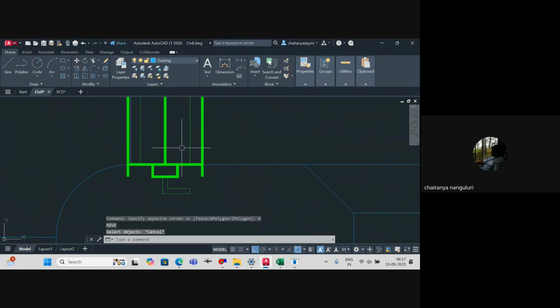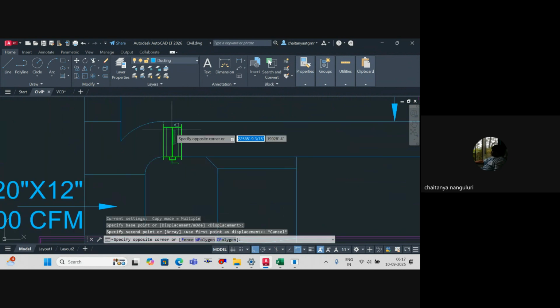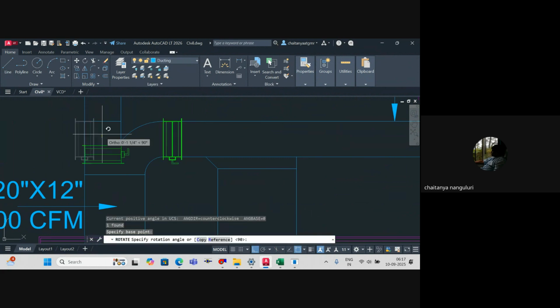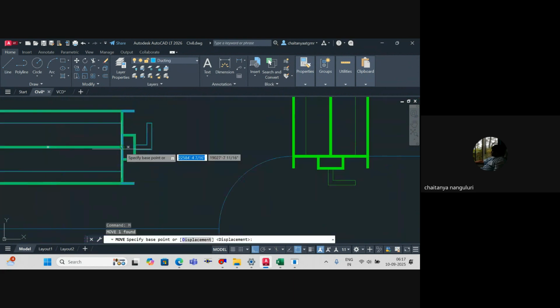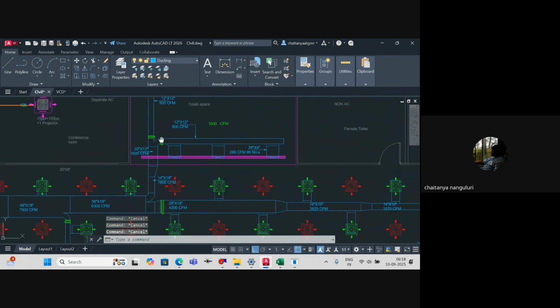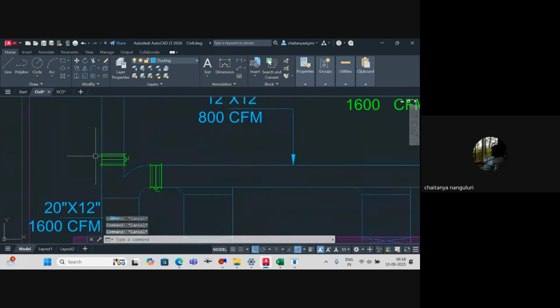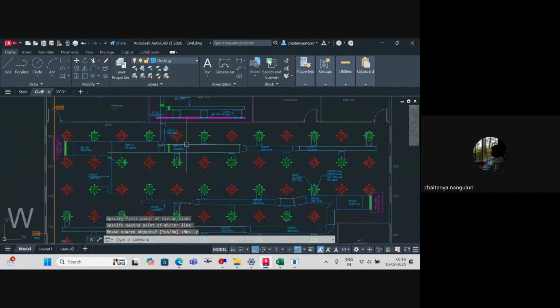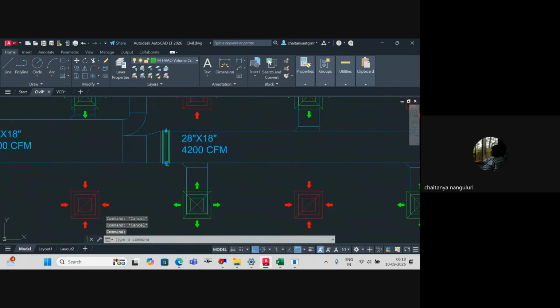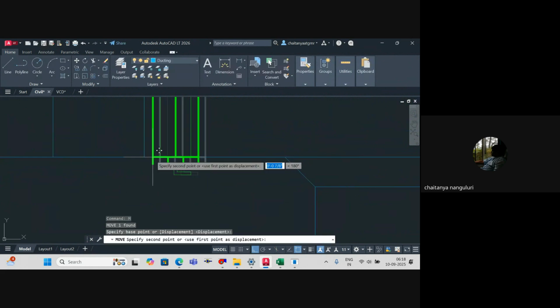Always remember if you have a gypsum ceiling, you might have to provide a trapdoor. Else you'll not be able to access it afterwards. So if it's a gypsum ceiling and you have a volume control damper, you have to provide a trapdoor unless there is some kind of side access or something. Please remember that. So these volume control dampers have been placed, and here anyway it's only two locations.